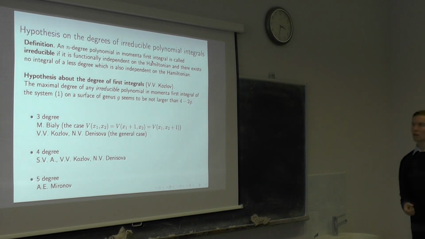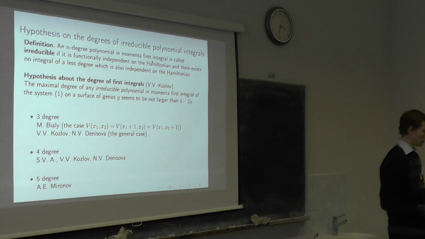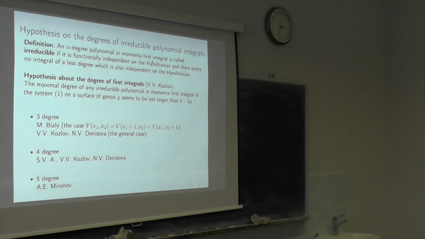Kozlov and Denisova generalized this result in the general case, and as to the fourth degree, certain results were obtained by the speaker, and finally, a couple of years ago, Kozlov and Denisova proved that there are no irreducible integrals of the fourth degree.